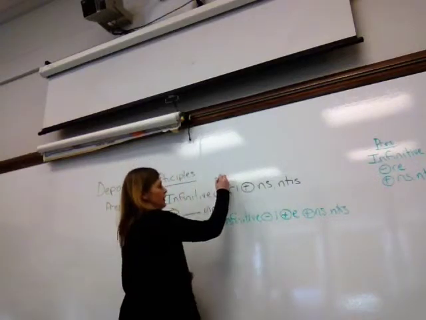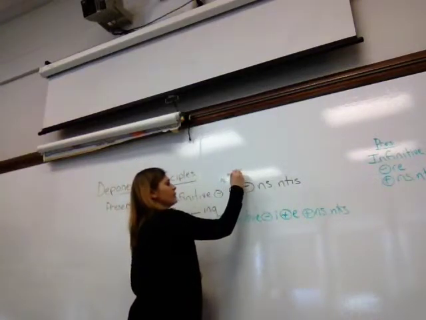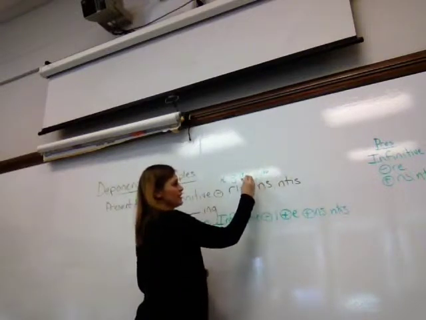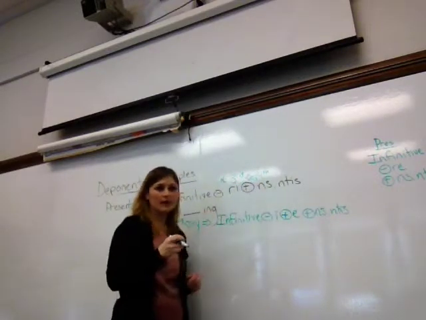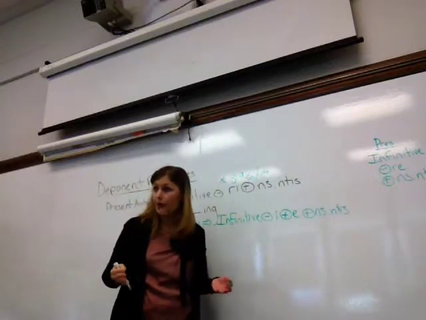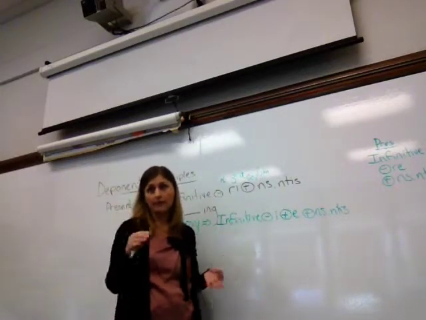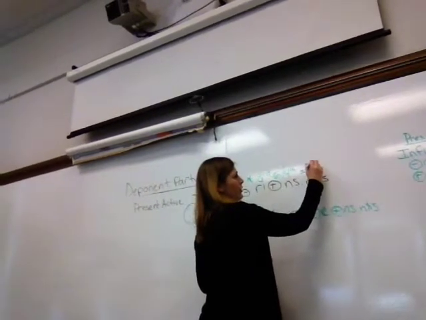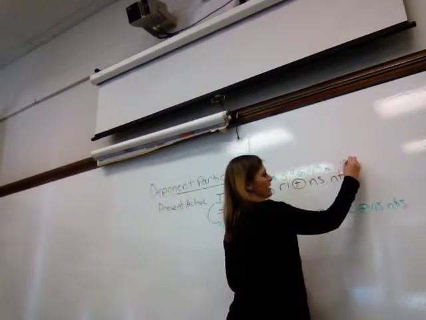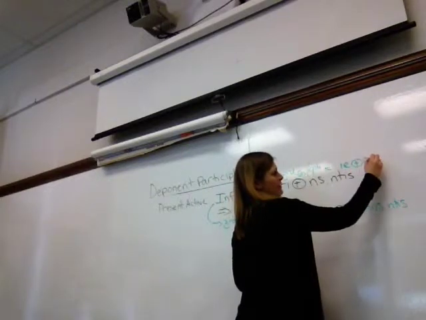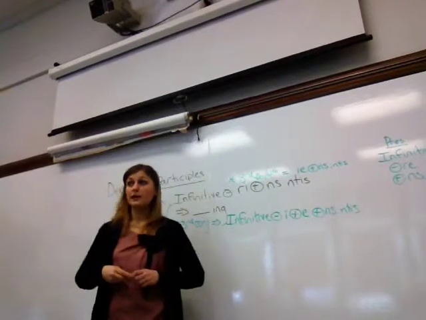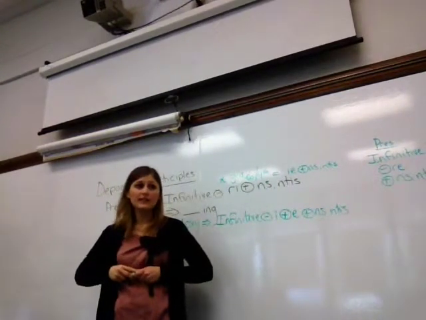Just a quick note of clarification that in the realm of third IO and fourth, since they are so dependent on that I, right? That's why we call it third IO and not third like RO. When it's third IO and fourth, you actually need an IE before your NS, NTIS. Audientis was our present participle for listening.